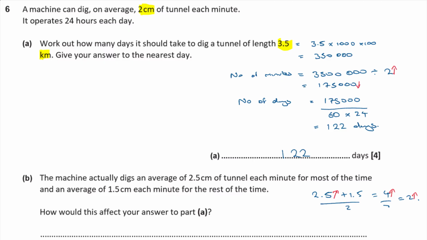So the number of minutes is going to be less, so our answer is going to be less. So it means that on average it's going to take less than 122 days. Okay, so I would say it would take fewer days to complete.